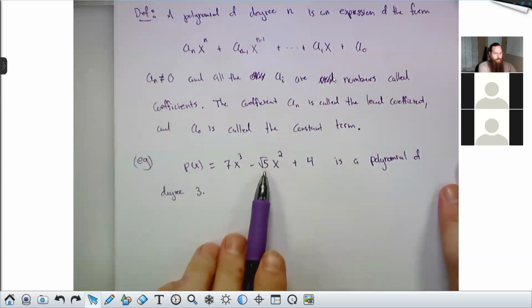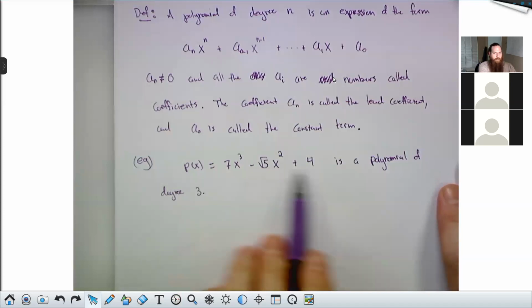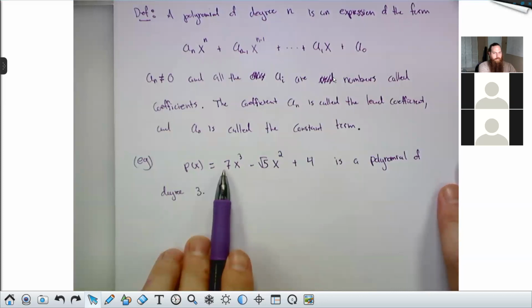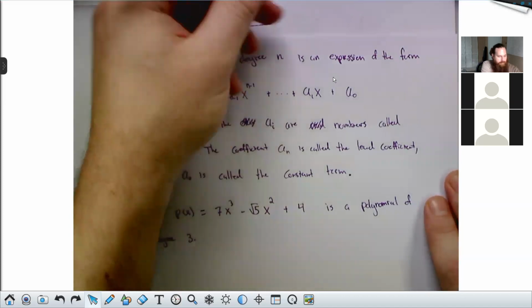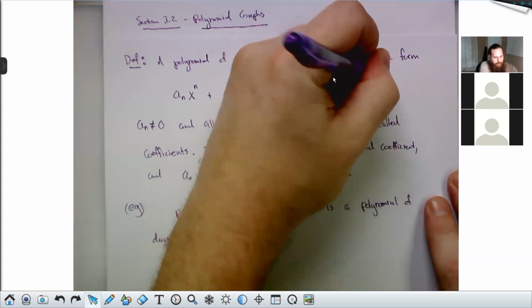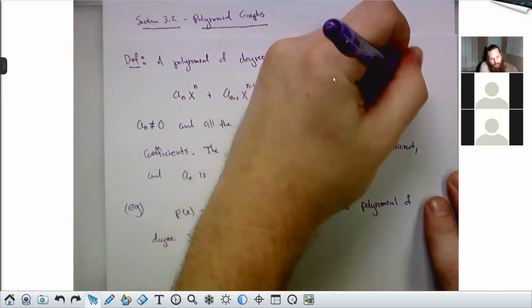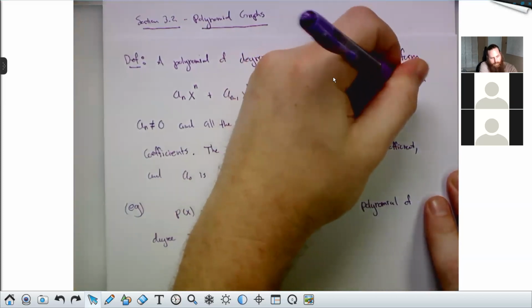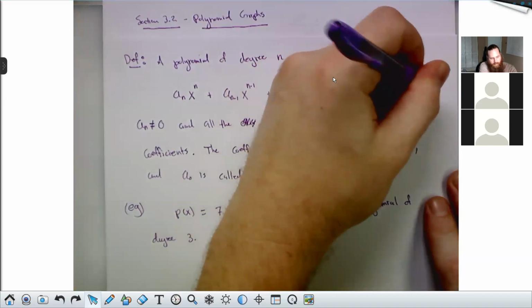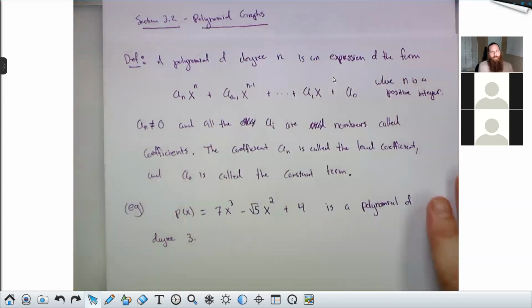Even though this is a square root of 5, the thing is still a polynomial. I should say here that n has to be a positive integer. Sorry, whole number. So only whole number powers of x.